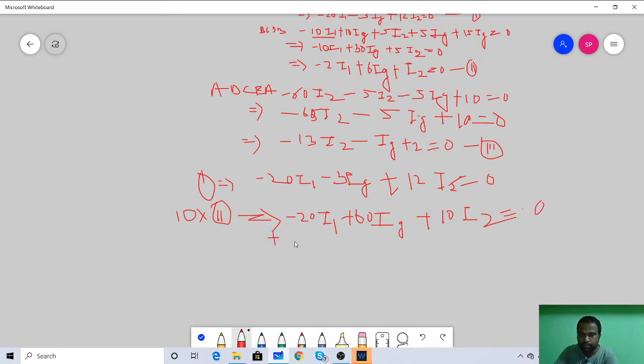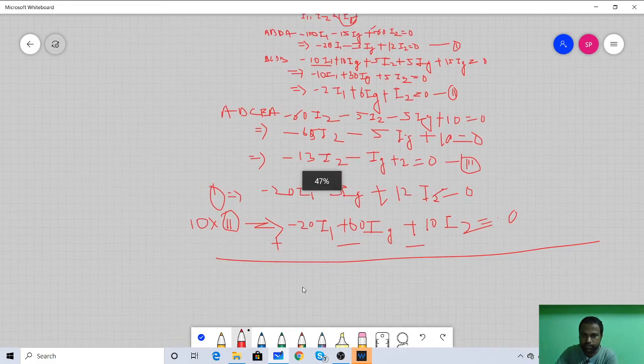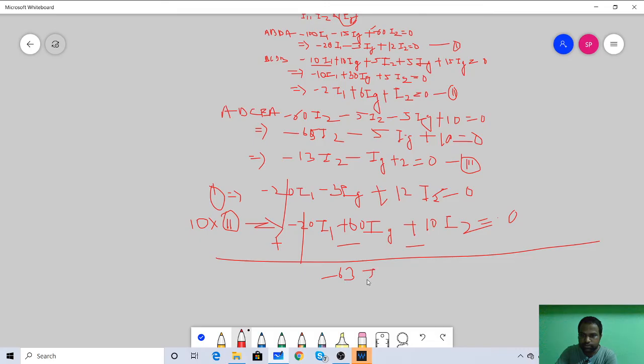When I subtract, minus 20 and plus 20 cancel. This one will become minus 63 Iz plus 2 I2 is equal to 0.